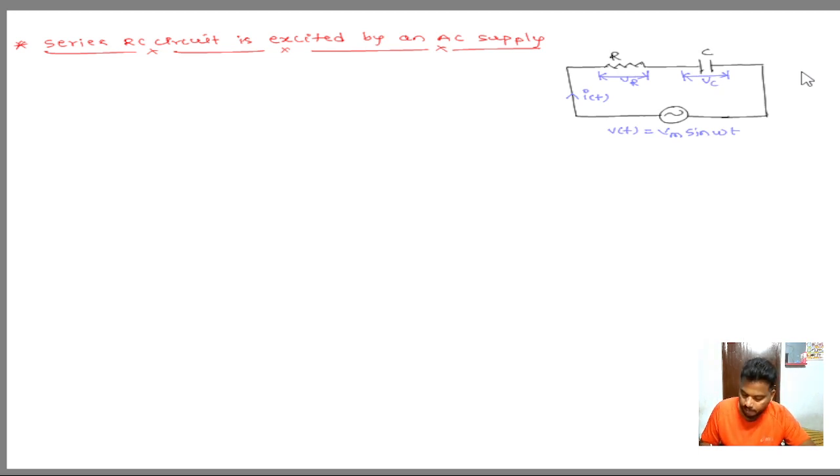Here v of t is the instantaneous applied voltage, and capital V is the RMS value of the applied voltage.